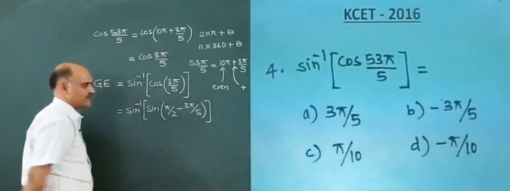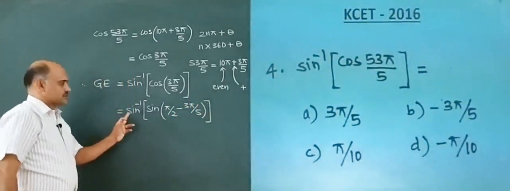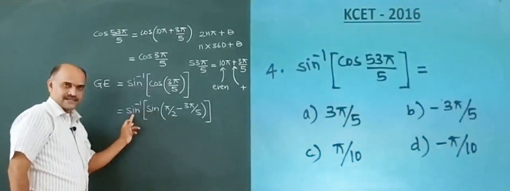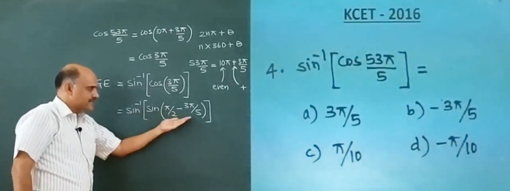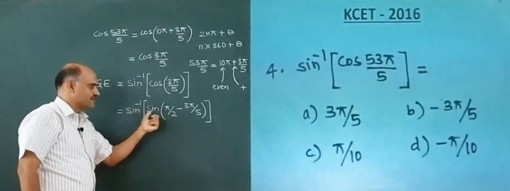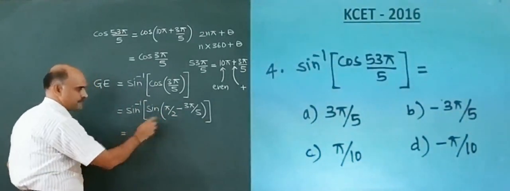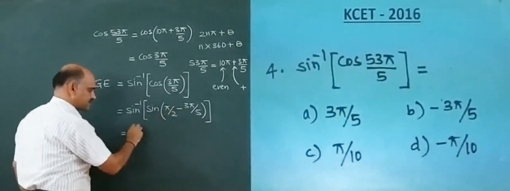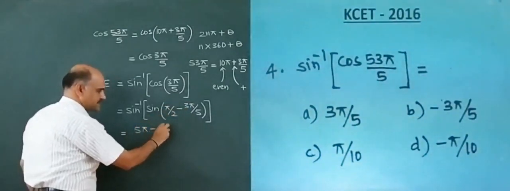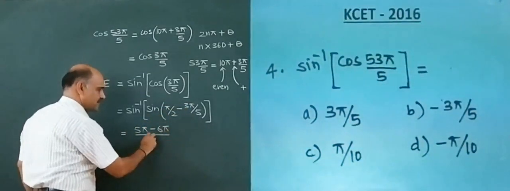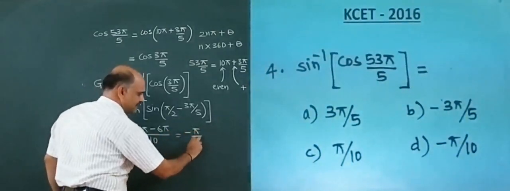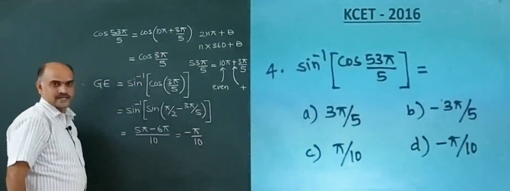Now sin inverse sin gets cancelled. You can cancel it directly, else you can simplify and then cancel. Taking the LCM in this bracket, 5 and 2, 5 pi minus 6 pi divided by 10, so you'll get the answer minus pi by 10.